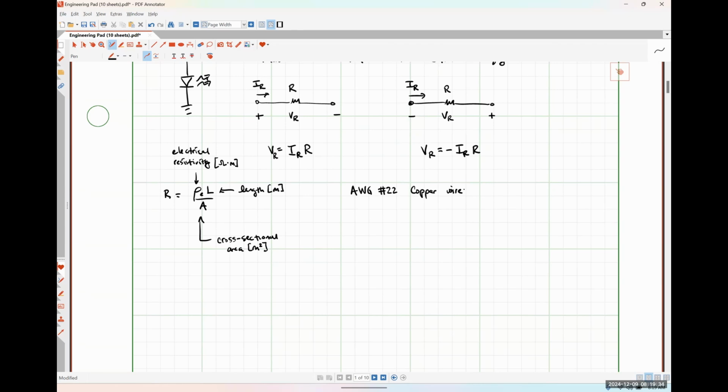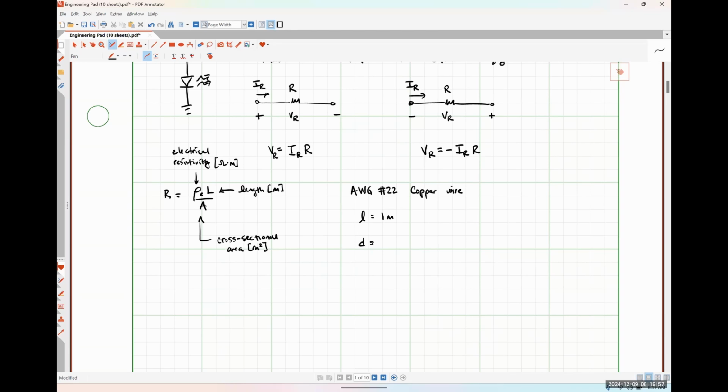Okay. So let's use something a little bit longer. Let's say we have like a meter. That would be a little bit over a yard, or a little bit over 36 inches, so significantly longer than any of the wires that you guys have used. So let's say that we have a length of 1 meter.